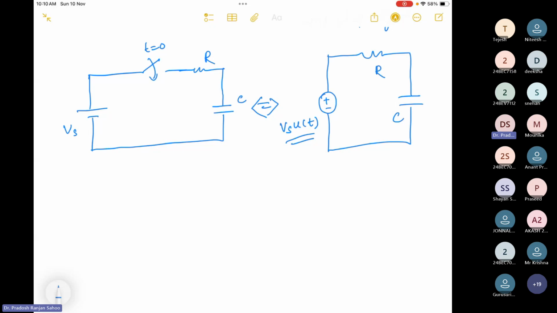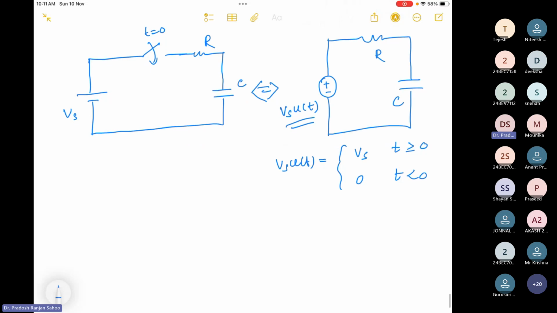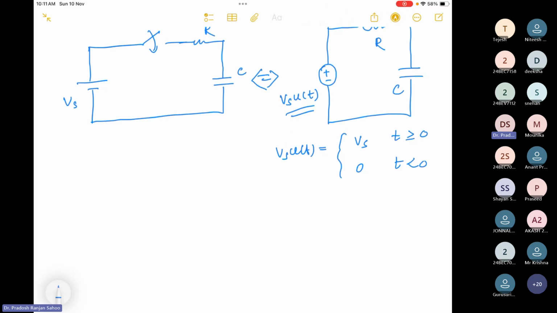So this Vs u(t) will provide a voltage Vs when t is greater than or equal to 0, and 0 when t is less than 0. This is nothing but the function of a switch. This is the step signal. So when I provide a step signal and get some output, that output is called the step response.